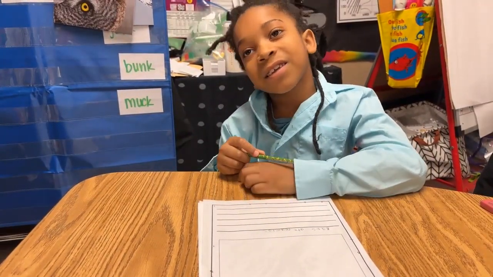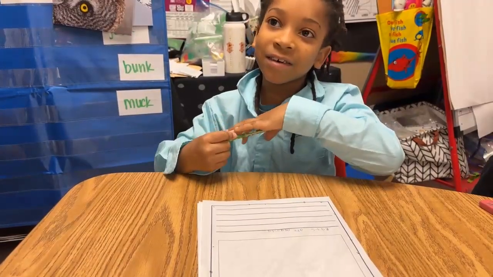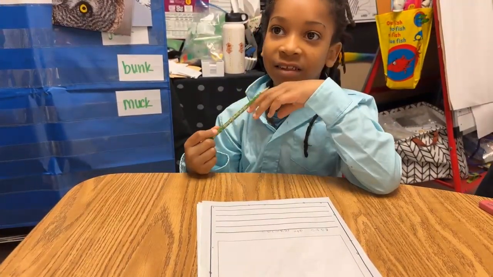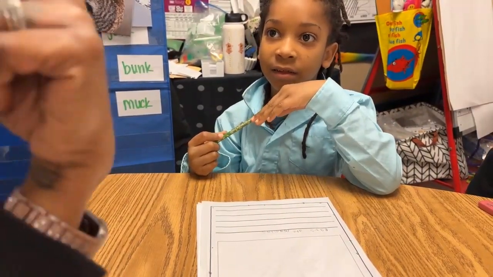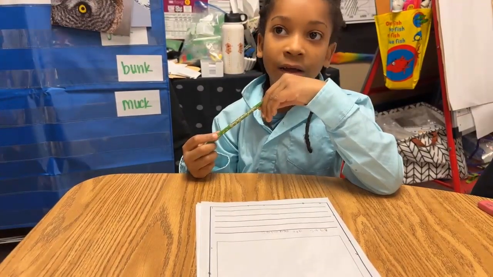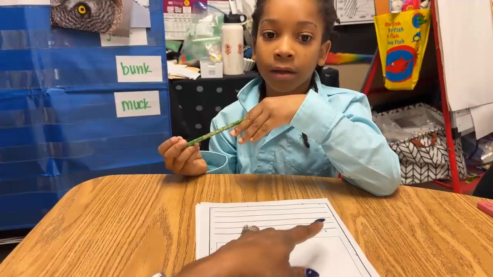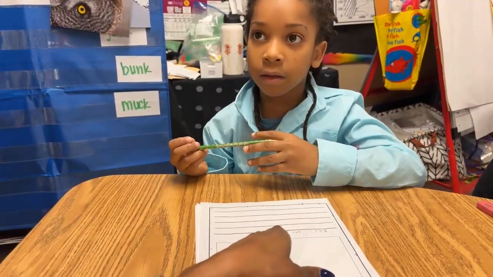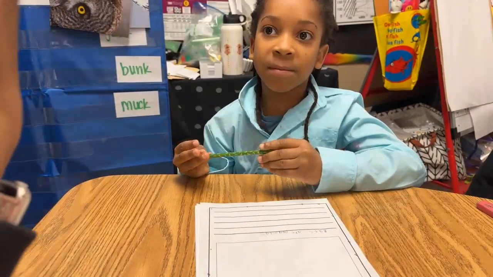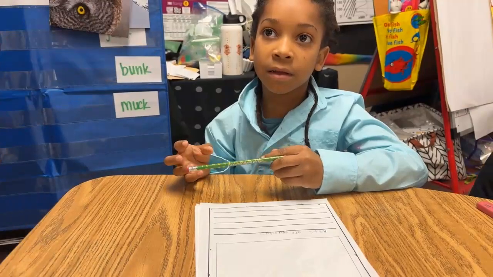Does it come from a stomach? No. Birds lay what? Eggs. Do people lay eggs? No. Do bats lay eggs? No. A bat is a mammal because its baby comes out of their stomach. So they give birth to babies that are alive.